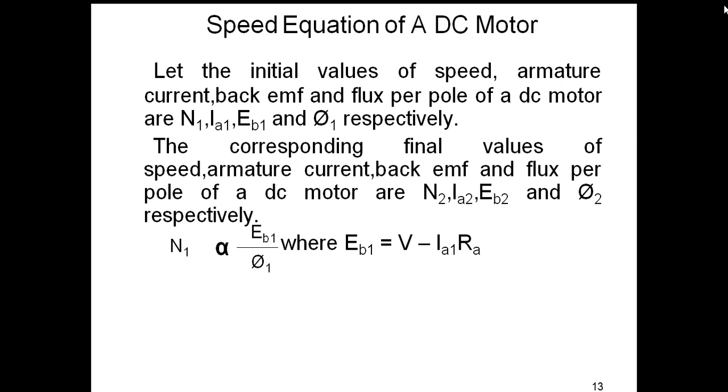So the initial value of EB1 can be written as V minus IA1 RA, and the corresponding values for the same motor is N2 is directly proportional to EB2 by phi2, where EB2 is equal to V minus IA2 RA.